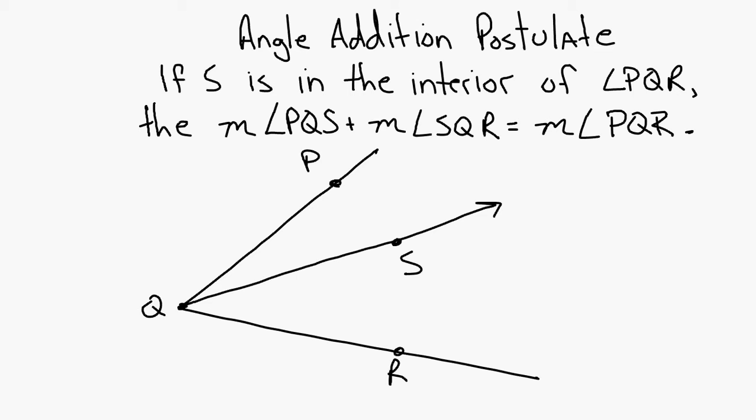So the postulate says that if S is in the interior of angle PQR, then the measure of PQS, which is right here, that angle, plus the measure of SQR, which is this angle, the measure of the red angle plus the measure of the blue angle, that's going to equal the measure of this entire angle, won't it? Which is PQR.